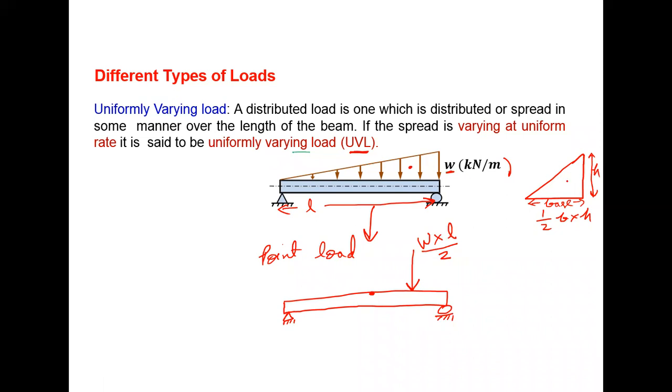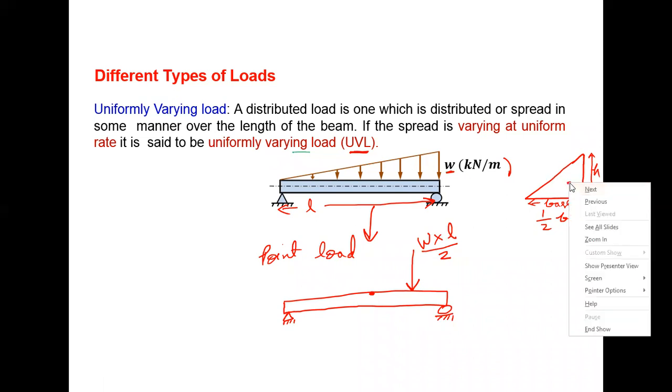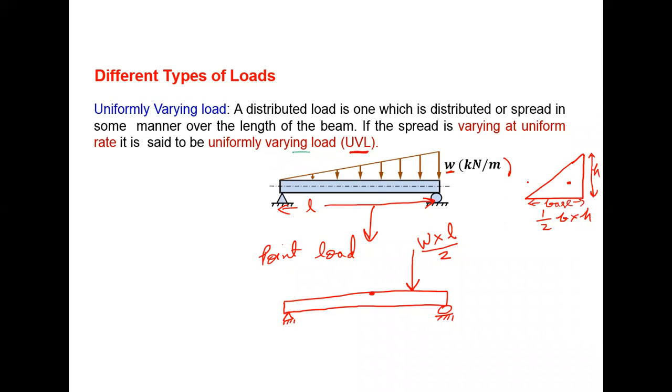And as you know, if you measure from base, then the centroid will be at 2/3 of base from this end and 1/3 of base from this end, right? So this length should be L by 3 and this length should be 2L by 3. So in this way you can convert uniformly varying load into point load.